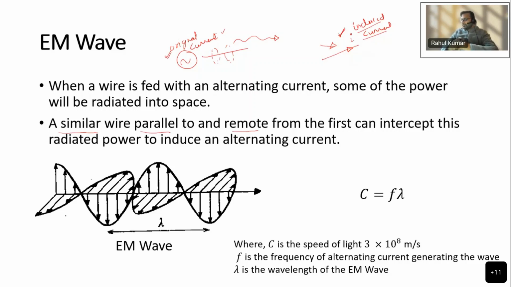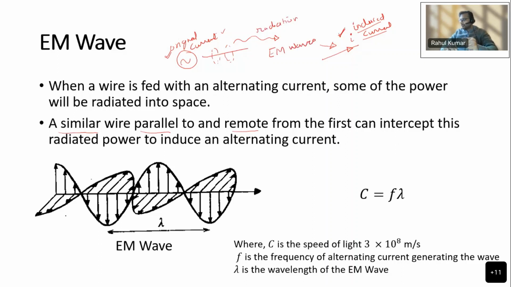Now this transfer of energy from one point to another happens by means of electromagnetic waves. So these radiations are basically your electromagnetic waves.